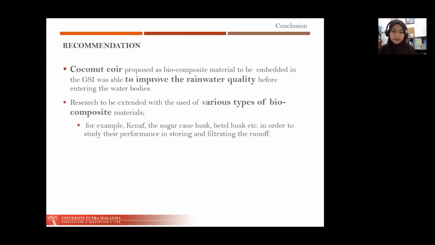However, it is suggested that this research be extended with the use of various types of biocomposite material, for example, the sugarcane husk and paddy husk, in order to study their performance in storing and filtering the runoff.